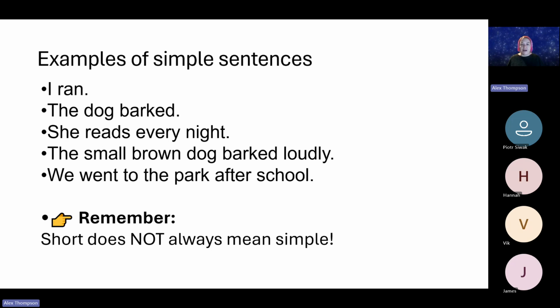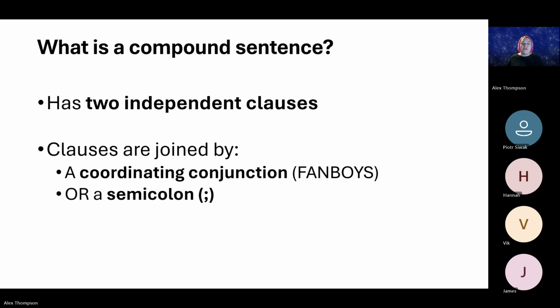Now, if we think about the meaning of that word on its own, without context, a compound is a mixture, right? A compound is some things that are mixed together, and that's exactly how it works with compound sentences. A compound sentence is essentially 2 simple sentences joined together, and they're usually joined together with what's called a conjunction or a semicolon.